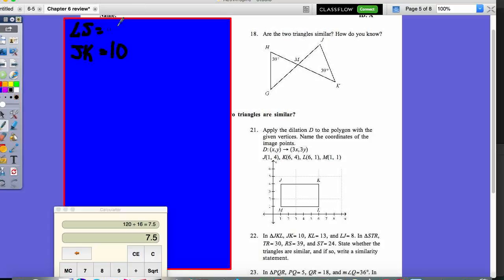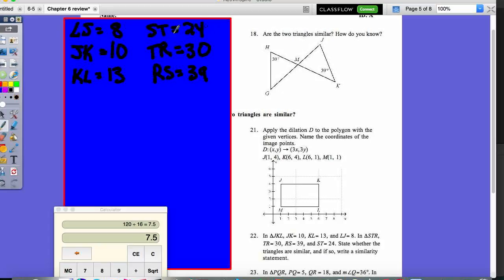LJ of 8 is the smallest. Then JK is 10. KL is 13. Compare that with the shortest side here, which is ST is 24. Then TR is 30. And RS is 39.